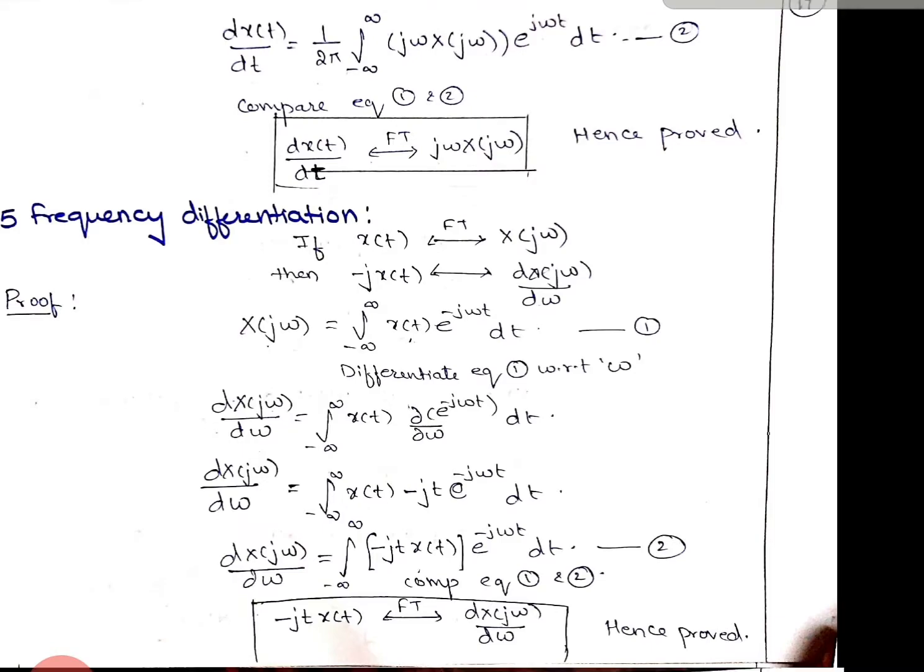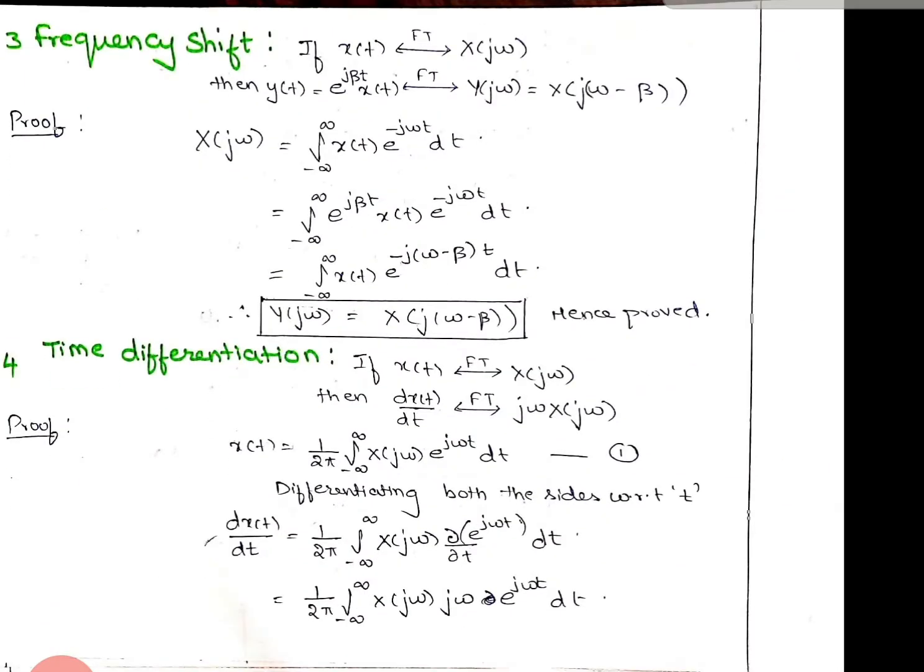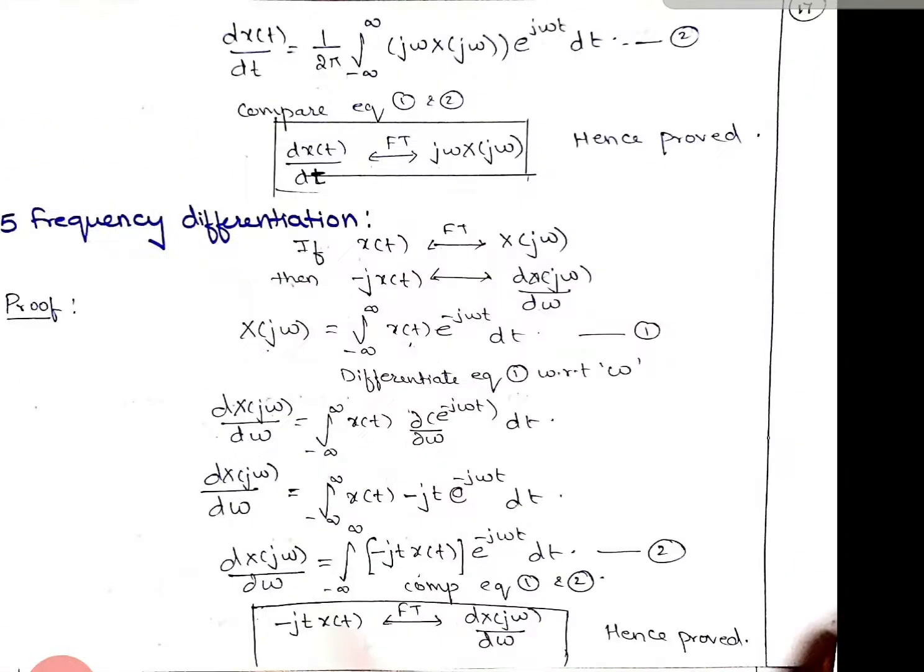Compare this with the first equation, this is the standard equation. So the Fourier transform of d by dt of x of t is j omega into x of j omega.